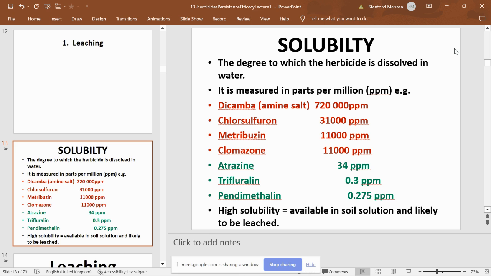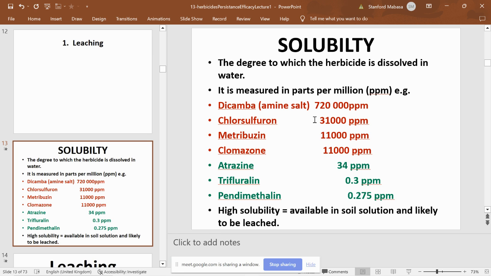Solubility is measured in parts per million, ppm. And here we've got examples of herbicides with their corresponding parts per million. On top of the list, we have got dicamba, which is highly soluble. You apply it to the soil, dicamba may end up in drinking water.